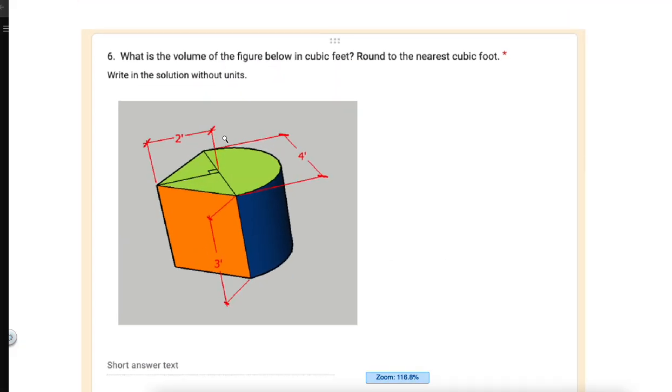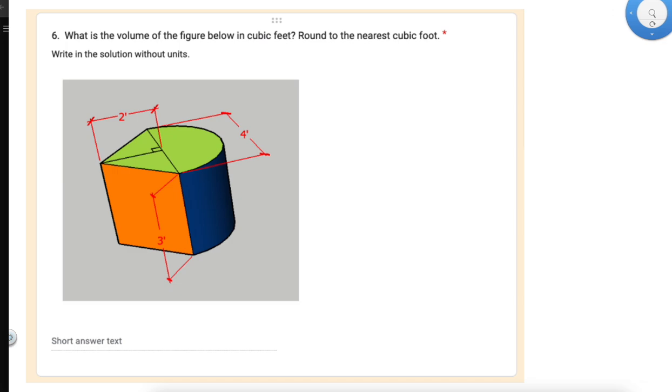Number 6. What is the volume of the figure in cubic feet? Round to the nearest cubic foot. This one is a little more work. Let's look at these two shapes here.